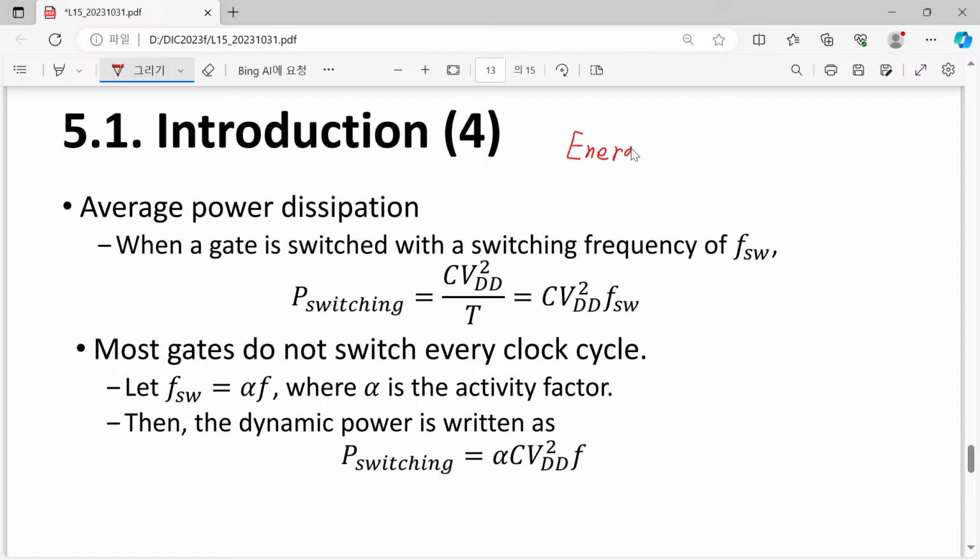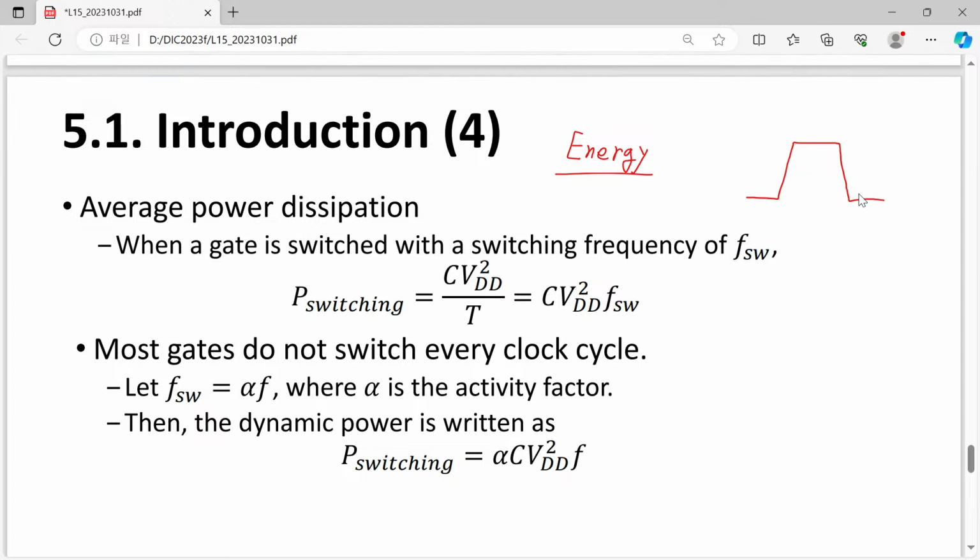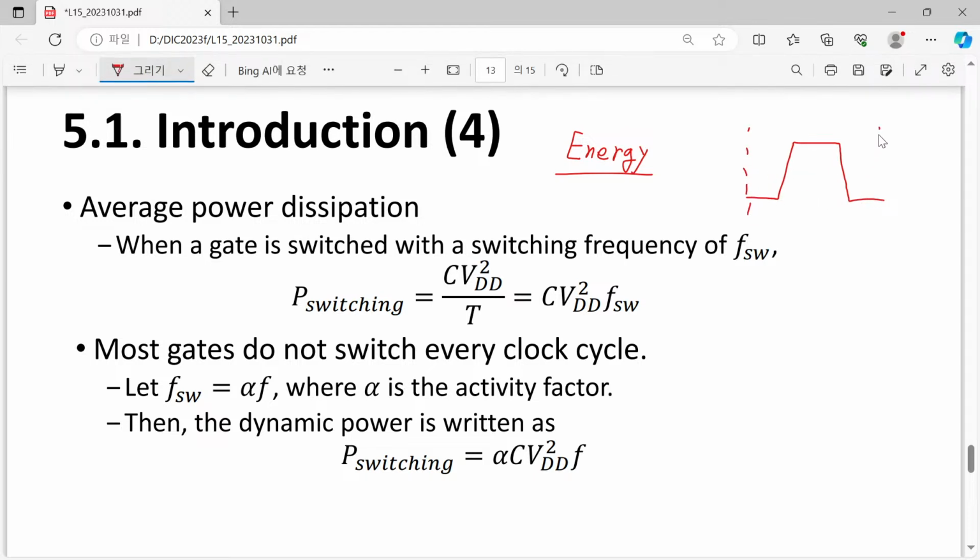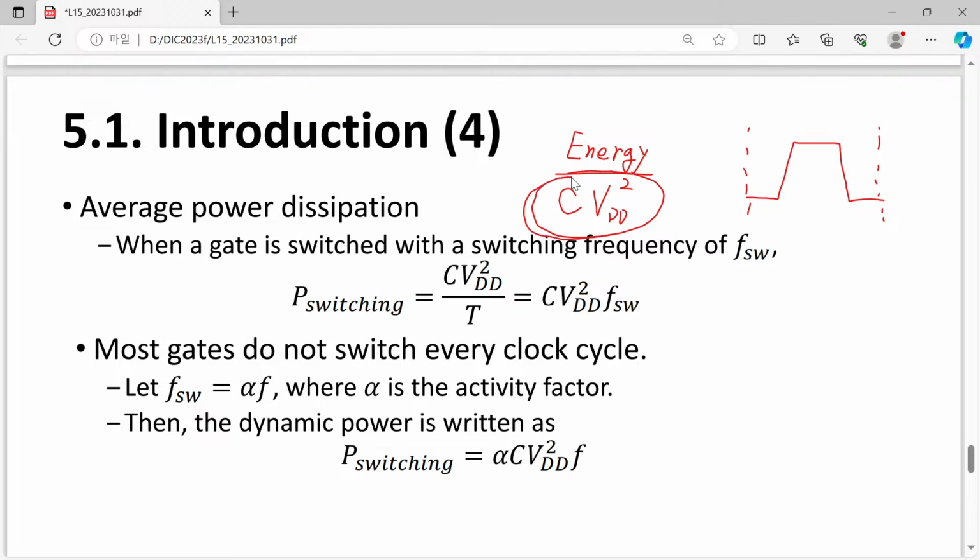When we go through one switching period, so charging and discharging of our load capacitor, we have learned that the energy consumption is simply given by C times V_DD square. This is the energy consumption.